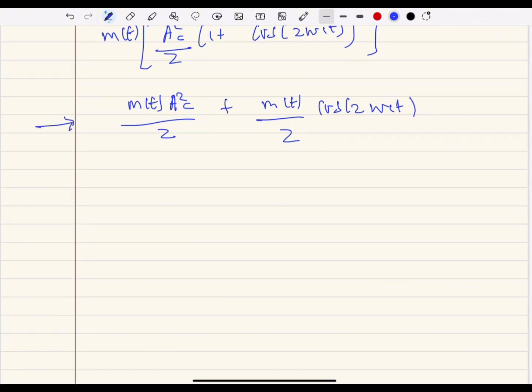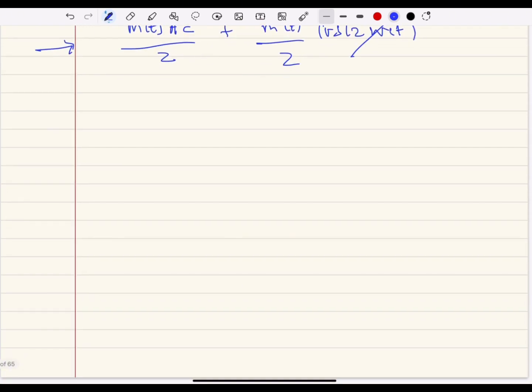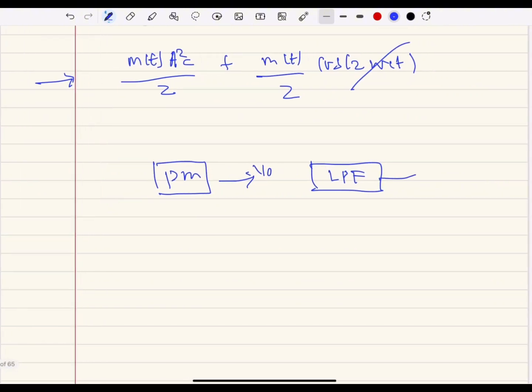So looking at this one, I'm done with passing it through the product modulator, PM. Now, the output of the PM is supposed to be passed through a low-pass filter. When I pass the output through a low-pass filter, I'm going to get my original message.